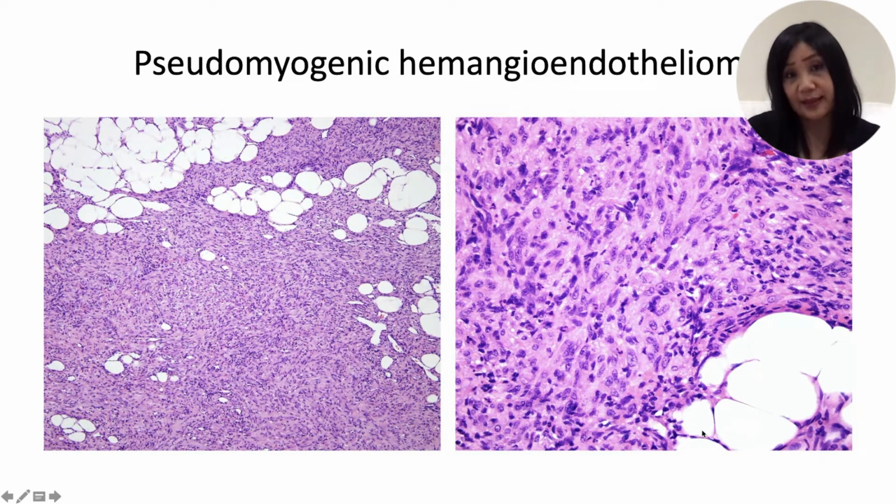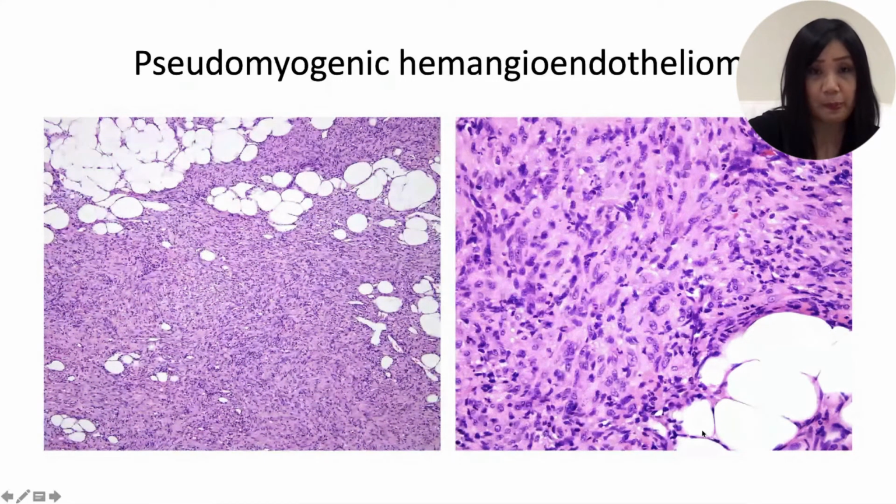So it is a vascular neoplasm that does not show vasoformation, similar to EHE. So it's a hemangioendothelioma, and it has these ovoid to more spindled, very large cells resembling myoid cells, which is where it gets its name.